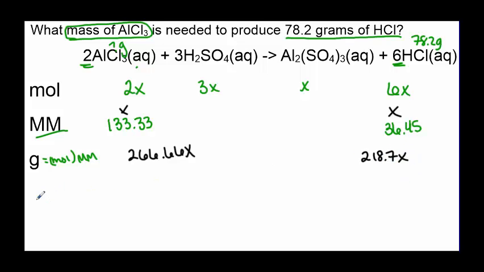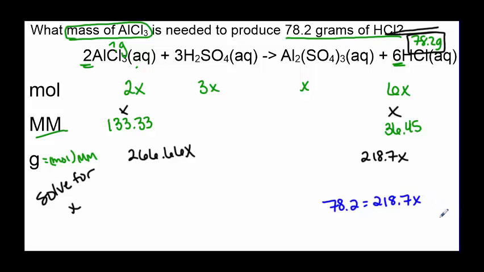So now I need to solve for x. So I'm going to use my given information here to do that. I'm going to get 78.2 is equal to 218.7x. So when I divide both sides, I get x factor of 0.36.